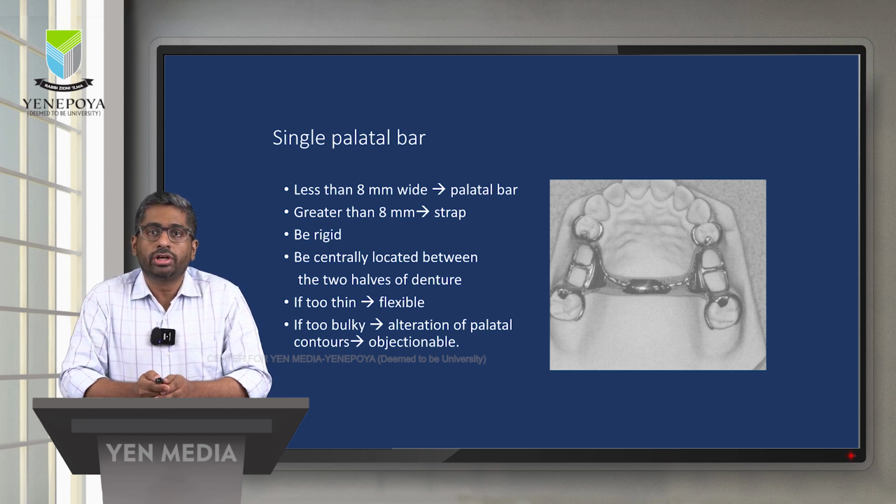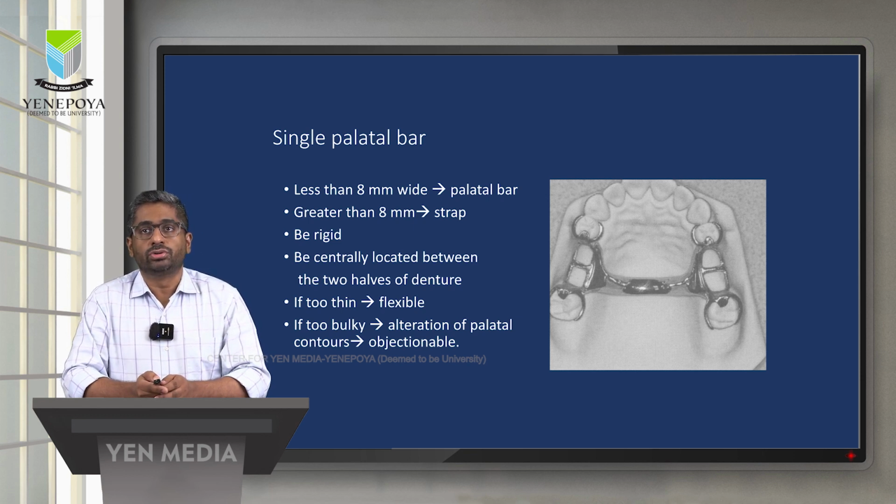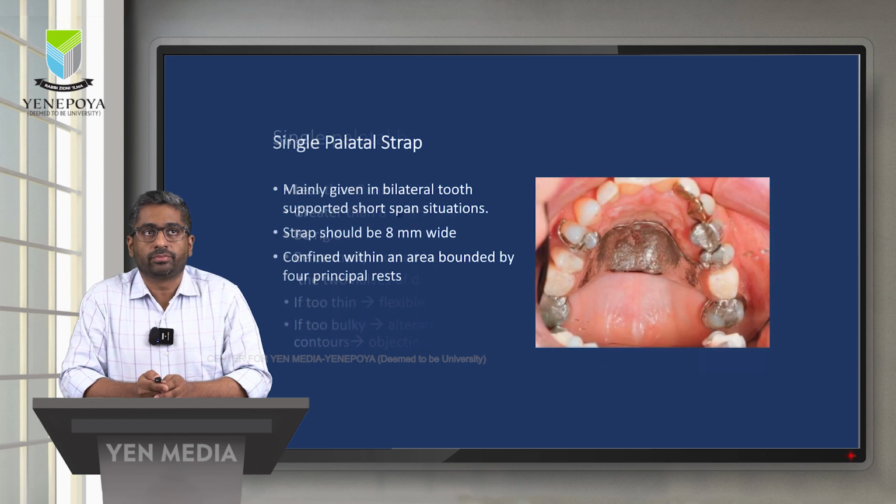So always avoid going beyond the second premolar or the first premolar region to give a bar type major connector. It should never be too thin, as making it too thin makes it flexible. So always try and keep it a little bit thicker. It should not be too bulky as well, because if it is too bulky, it is going to interfere with the palatal contours, and that is not going to be comfortable for the patient.